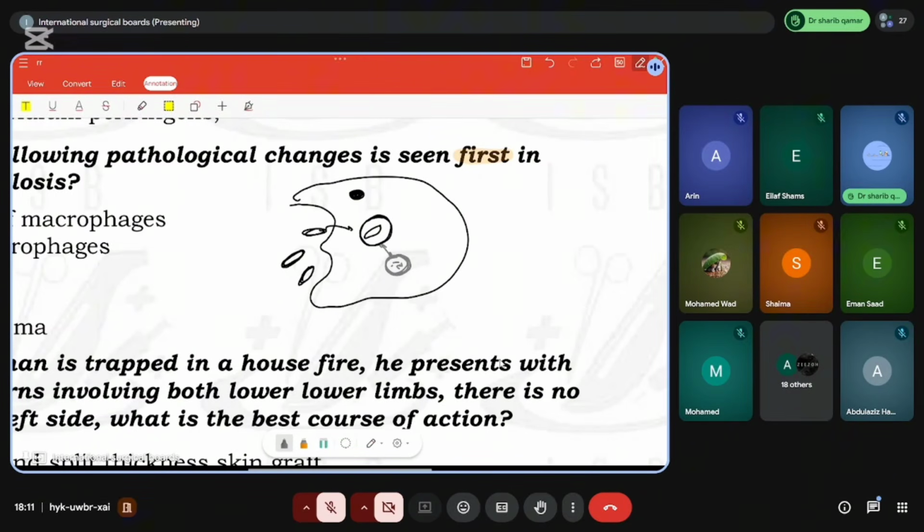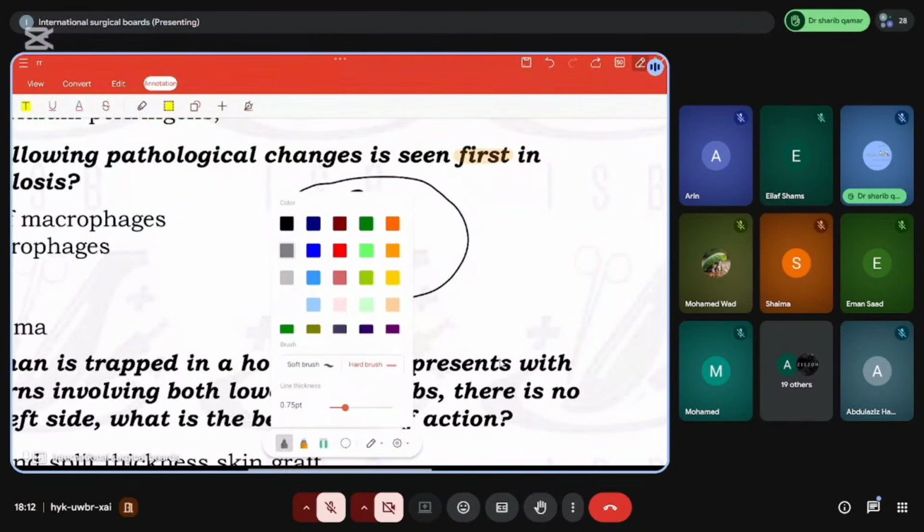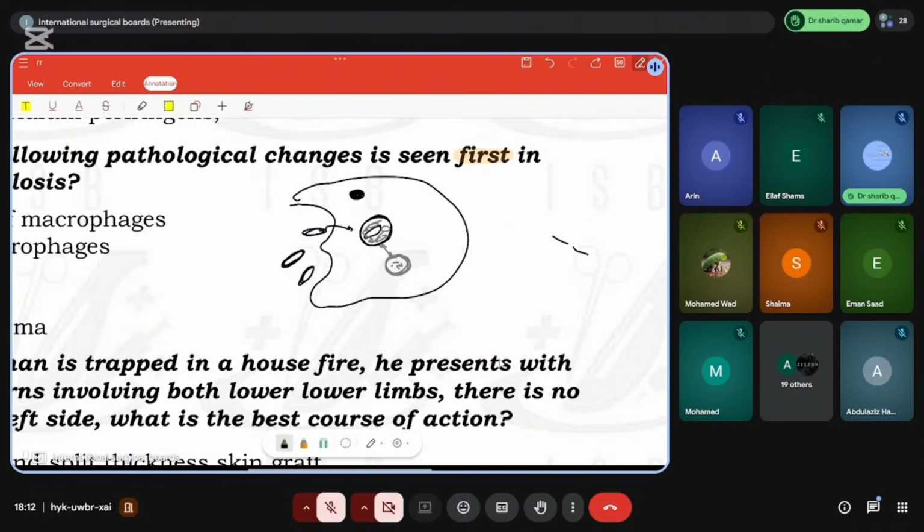So the tubercle bacilli keep multiplying intracellularly, inside the macrophage. The macrophage will produce certain cytokines, and these cytokines recruit more macrophages. More and more macrophages come to the scene.